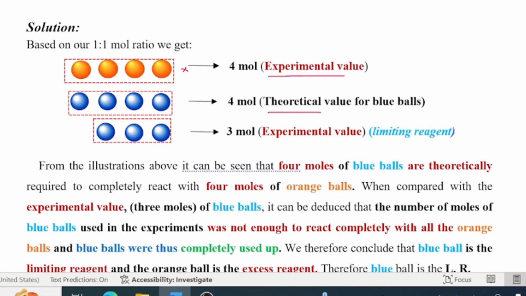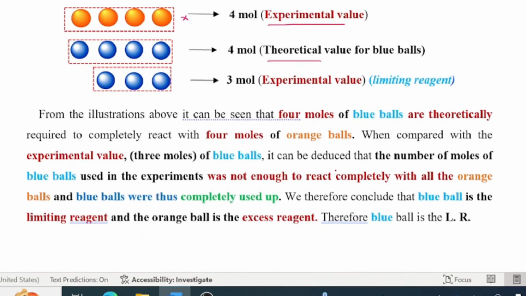But look, in the experiment, I only use 3 moles of blue balls. So what can we determine? We can determine that the amount of blue balls was less than what was required. And therefore we can say that this is a limiting reagent and that guy there was the excess reagent.